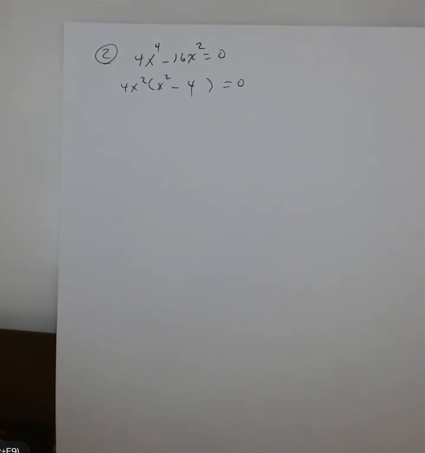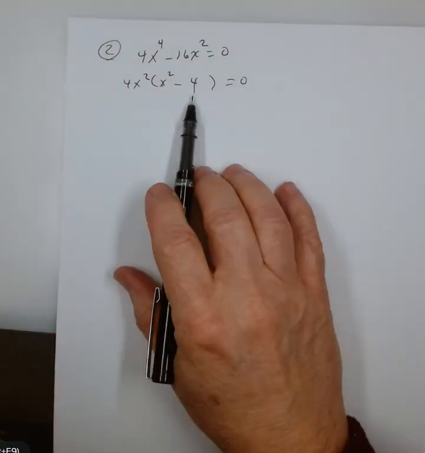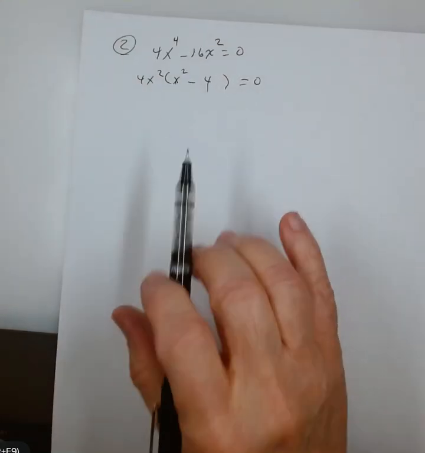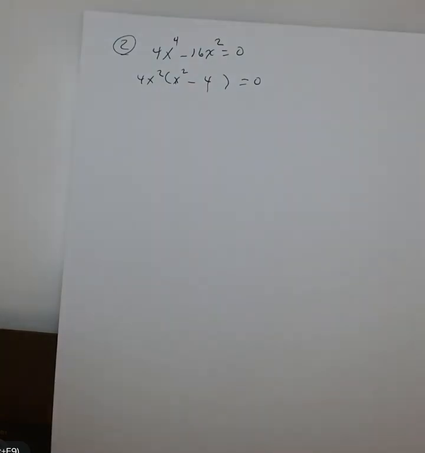So I did the most difficult part, which is recognizing the GCF as 4x squared. But then notice what I have. I have 4x squared times x squared minus 4 equals 0. What idea should come into your mind next? Okay, all right.